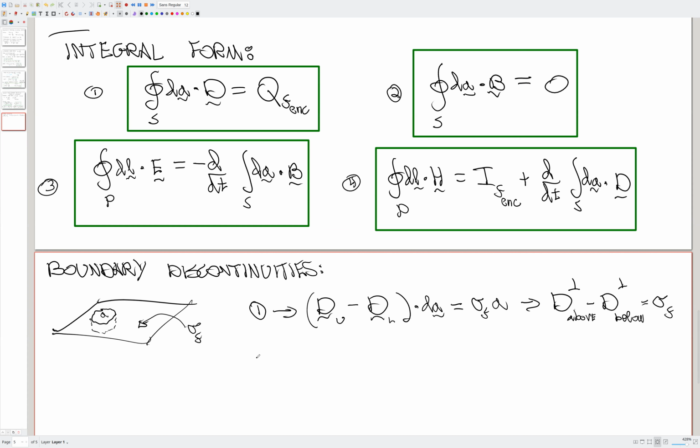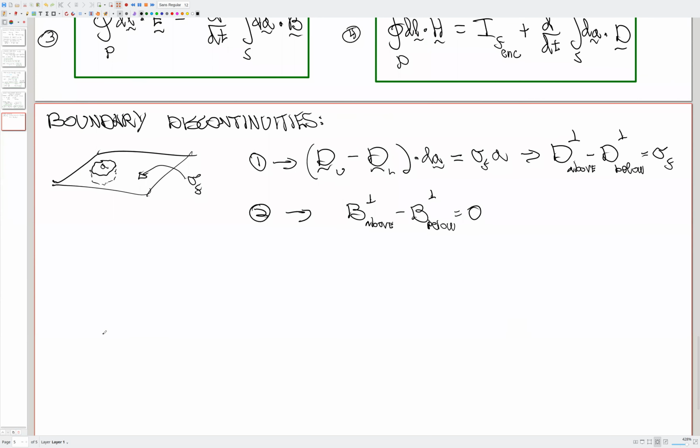If I do the same thing with the second equation, it tells me that, as before, the B perp above minus the B perp below is equal to 0. Okay, so that's the first thing.